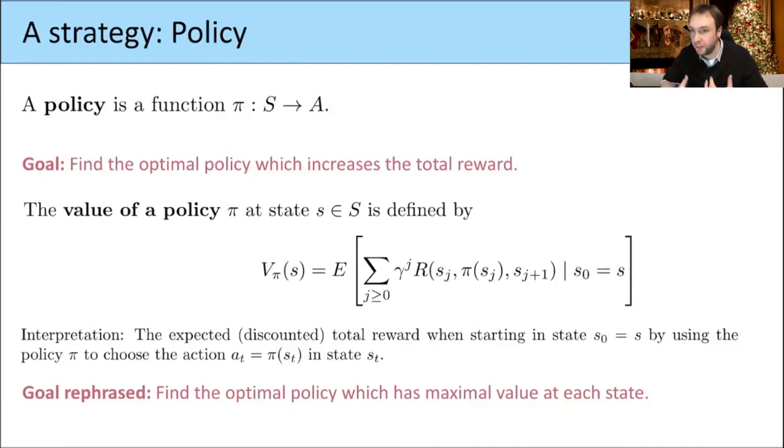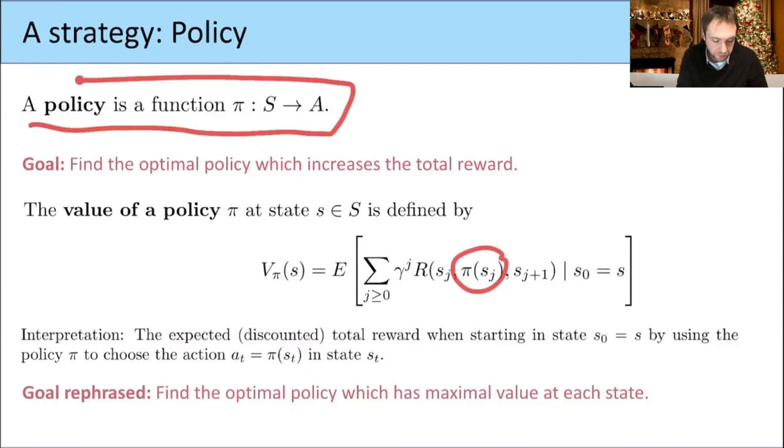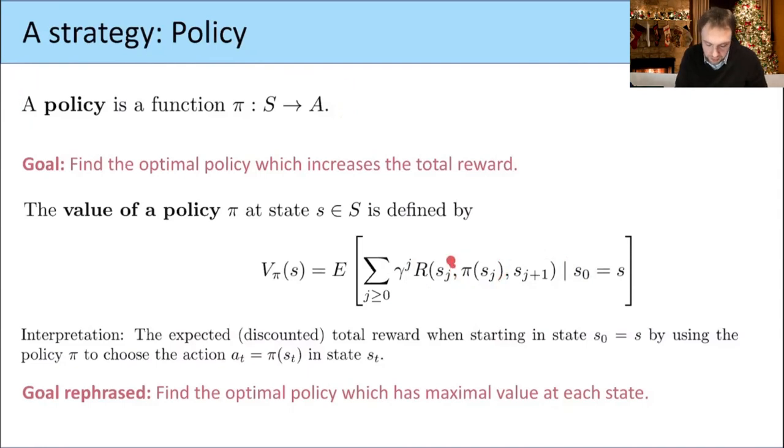With certain probabilities, S1 could be either this state or this state. And what we want is to consider all these possible rewards we can get going through all these different states, and get the expected value of this by choosing the action using this policy. So if we are in a certain state Sj, then the action we choose is determined by our policy.